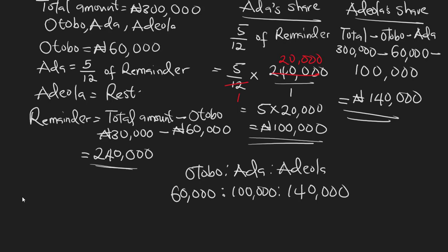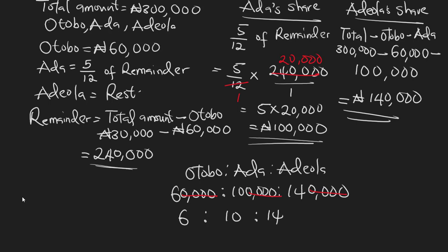If you add all these amounts, you're going to get the total of 300,000. Whenever you sum these amounts and it's not up to the total amount, you should know that you are wrong. So now we're going to reduce these numbers to the simplest terms. What can go? Of course, we know that these 4 zeros can go. So cancel the 4 zeros out, and you'll be left with 6 to 10 to 14.